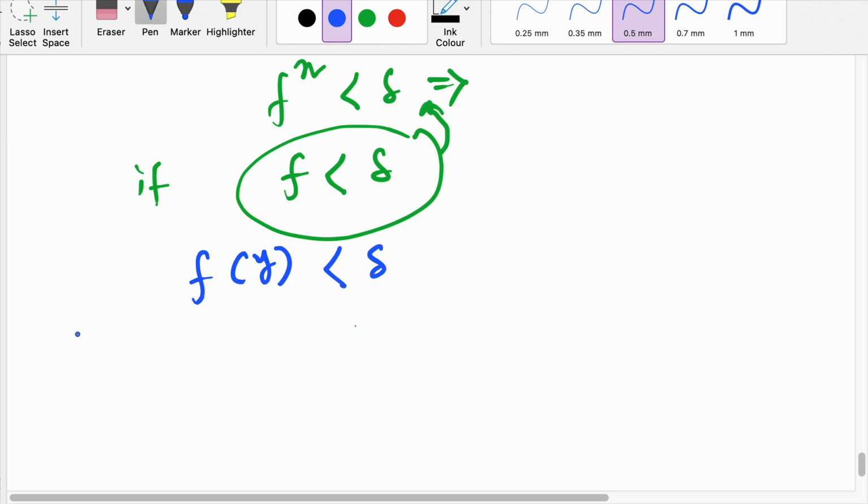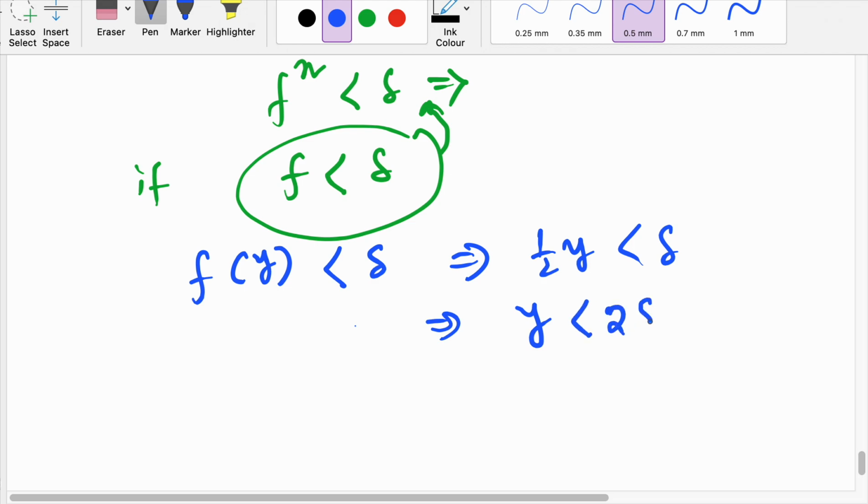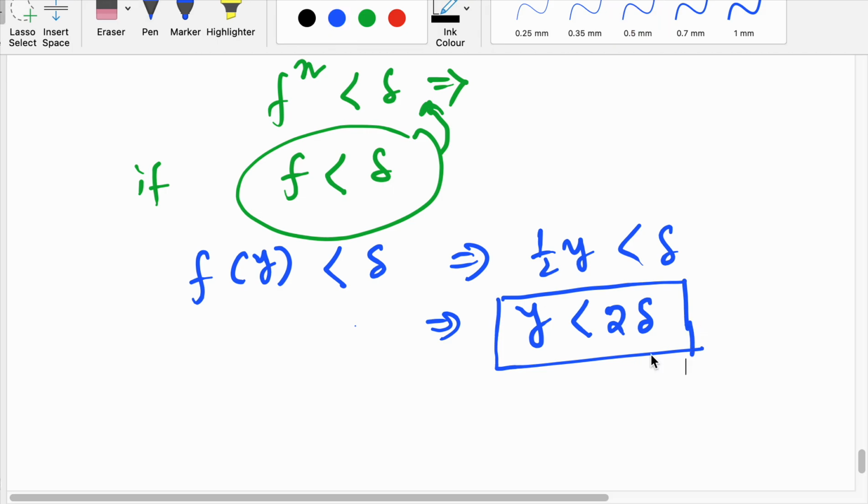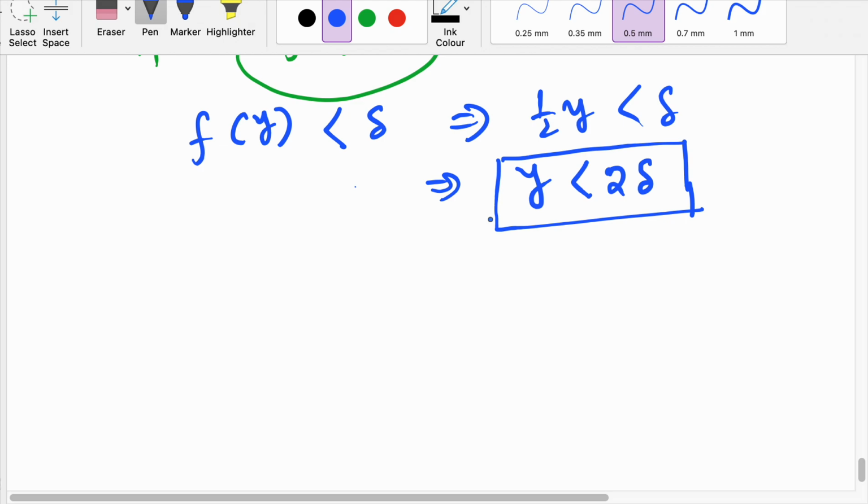So let the interval, this means half y is less than delta, this means y has to be less than 2 delta. So if I take any interval between 0 and 2 delta, for every y, this actually gives the definition of the open interval.